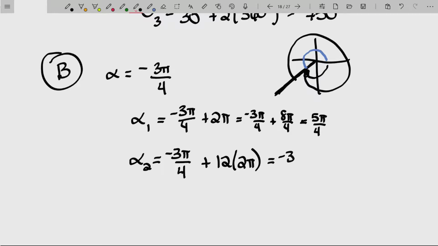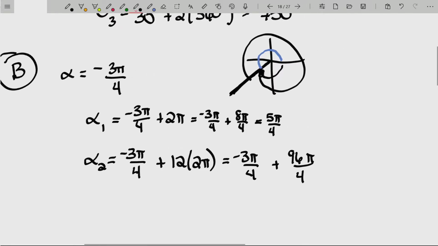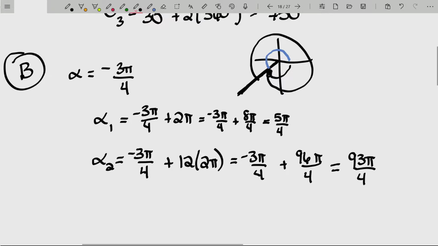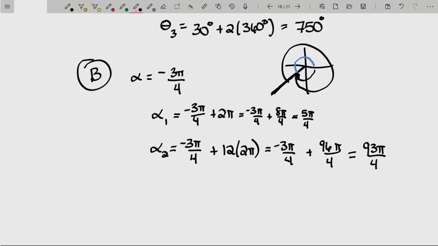It's negative 3 pi over 4 plus 48 pi. Or I'm sorry, I say 48, it's 24. I'm thinking of something else. 24 pi. And then, of course, you have to get a common denominator, which is 4. So 4 times 24 is 96. And now you can add them up. That'd be 93 pi over 4. And, well, you get the idea.